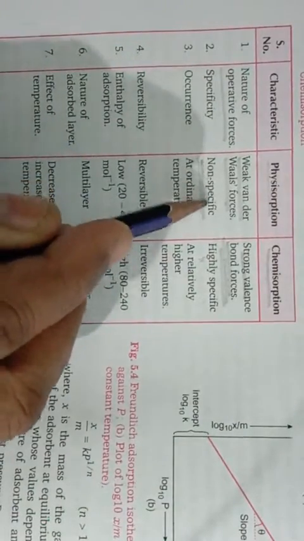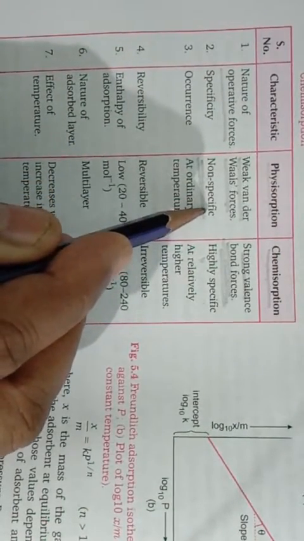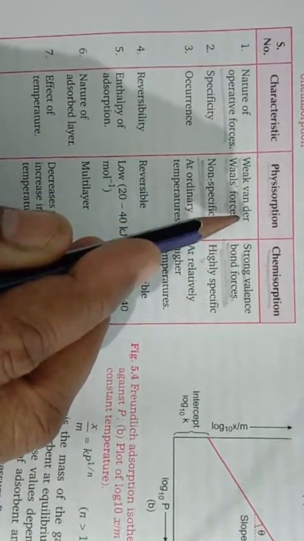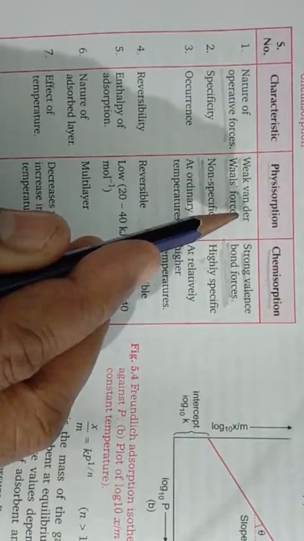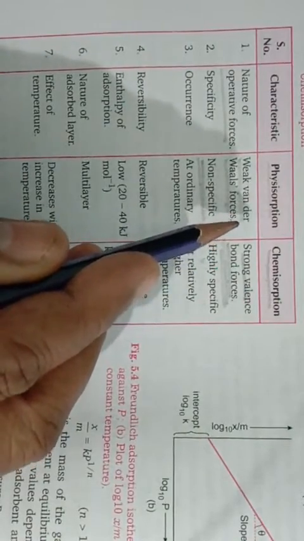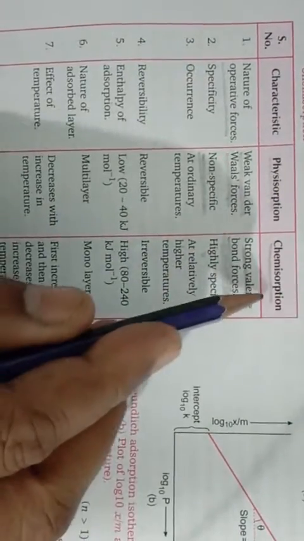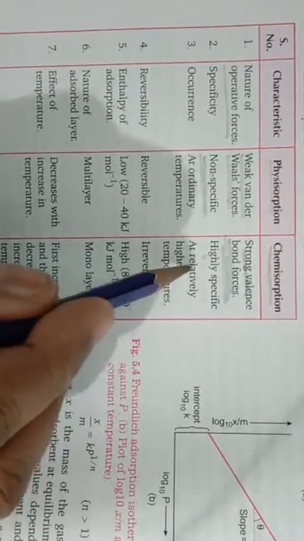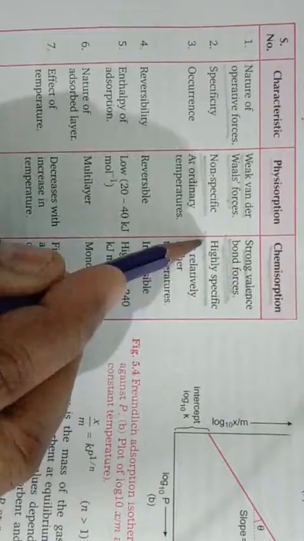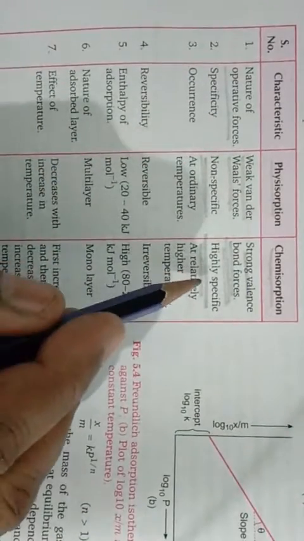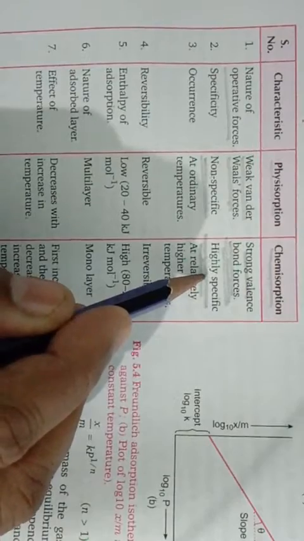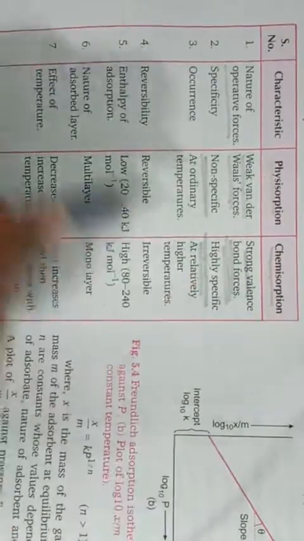Physisorption is non-specific in nature because only van der Waals forces are required, so any adsorbate can be used with any adsorbent. But in chemisorption, chemical bonds are formed, so it is highly specific in nature, meaning a particular adsorbate must be present for a particular adsorbent.